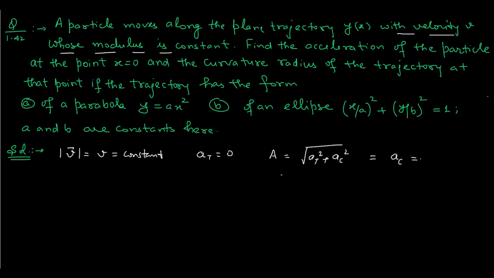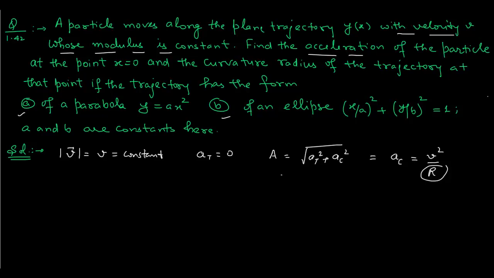And we know that this centripetal acceleration is v square by R, where R is the radius of curvature here. So in order to answer the first part of the question, for the centripetal acceleration at a point, we need the radius of curvature at that point in both situations A and B. Clear? So our next target is to find the radius of curvature for the parabola and the ellipse.